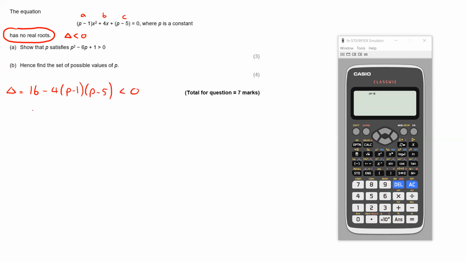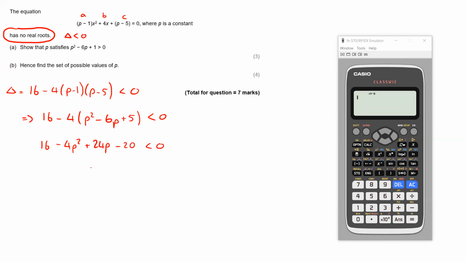So we want to expand all of this and find out what's actually happening. So I've got 16 minus, I'm going to keep the 4 for now, P squared minus P minus 5P, it's minus 6P. And then minus times a minus gives me a plus 5. And that wants to be less than 0. Expanding all of that, I get 16 minus 4P squared plus 24P, and then minus 20. And that's less than 0.